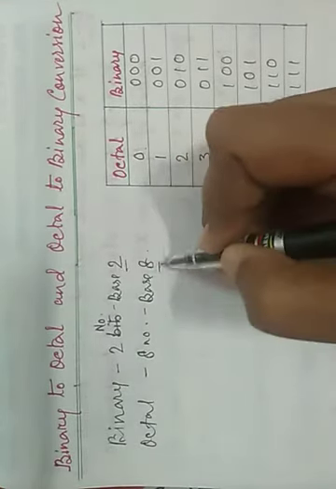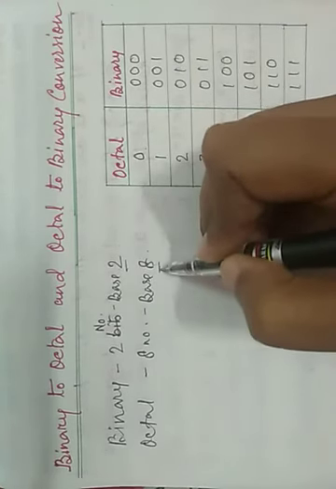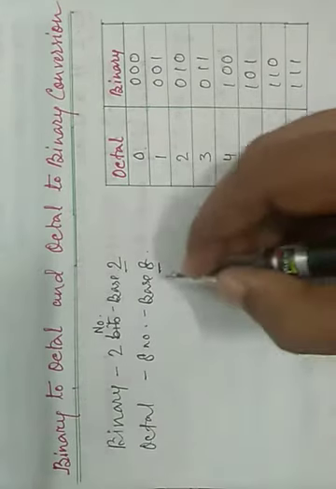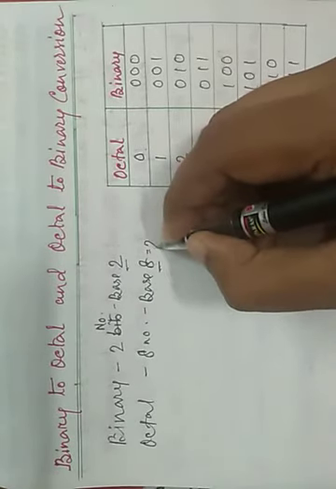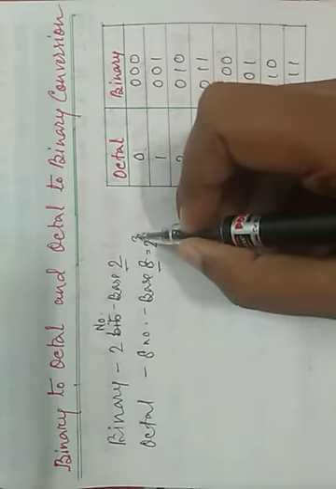So whenever we convert octal to binary number system, as 8 can be written in terms of base 2 to the power 3, 8 can be written as 2 to the power 3.